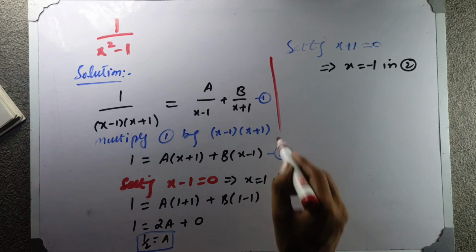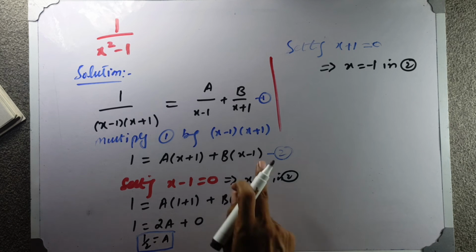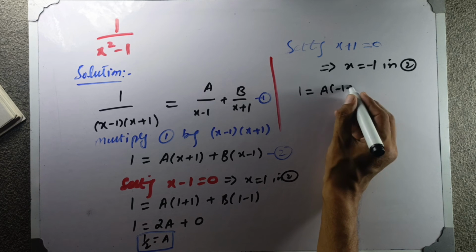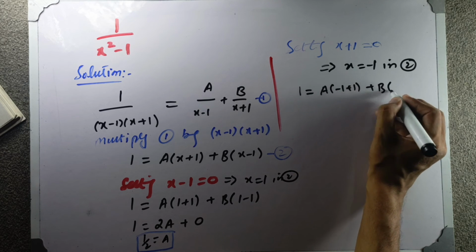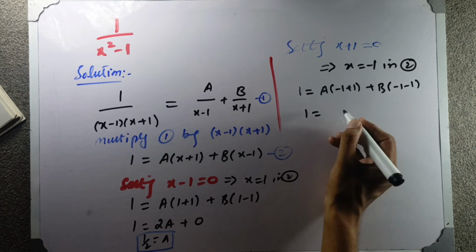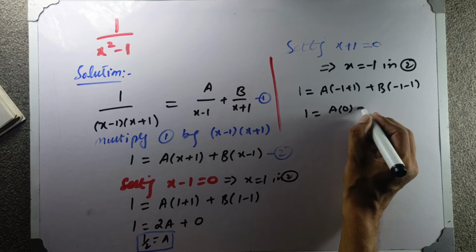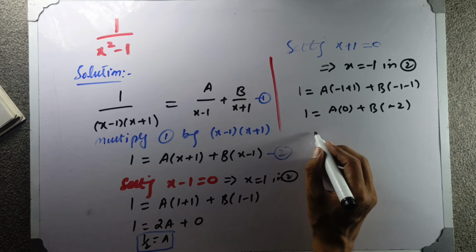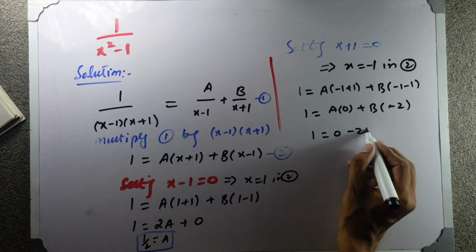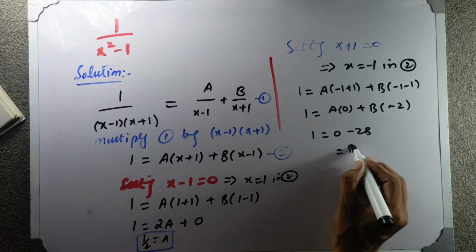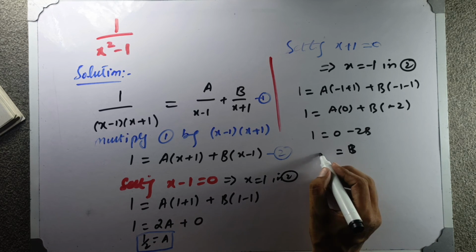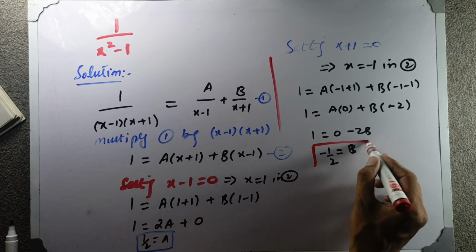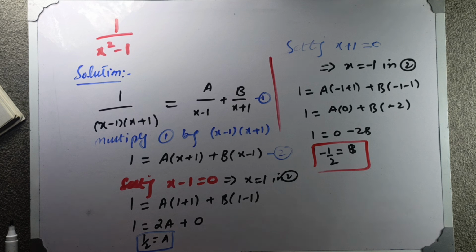If we use this value in equation 2, this will give us 1 is equal to a into minus 1 plus 1 plus b into minus 1 minus 1. So 1 is equal to a into 0 plus b into minus 2. So 1 is equal to 0 minus 2b. So b is equal to minus 1 by 2. So here we get two values, a and b.